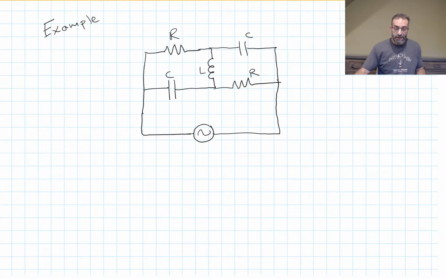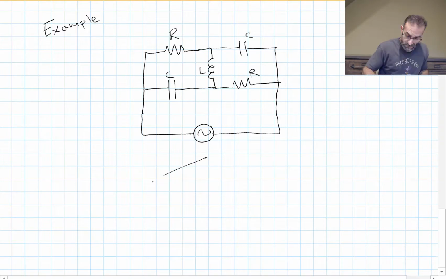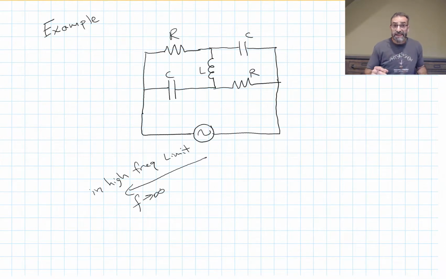Let's take a look at this circuit in 2 extreme cases. One, when the frequency goes to infinity, and one, when the frequency goes to 0. So let's do the frequency going to infinity first, the high frequency limit. In the high frequency limit, when the frequency f or omega goes to infinity, what does a capacitor act like?